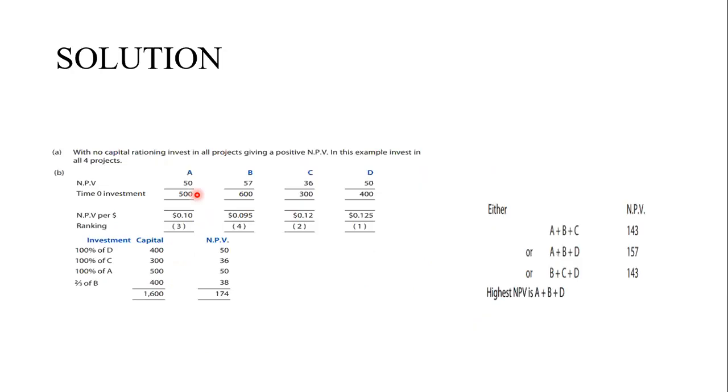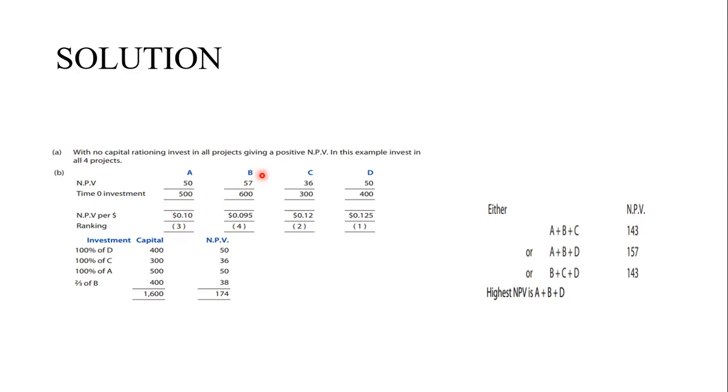And then you have an NPV of 50. So NPV of 50 divided by your capital requirement of 500 gives you 0.1. You do the same for B, 57 NPV divided by a capital requirement of 600.